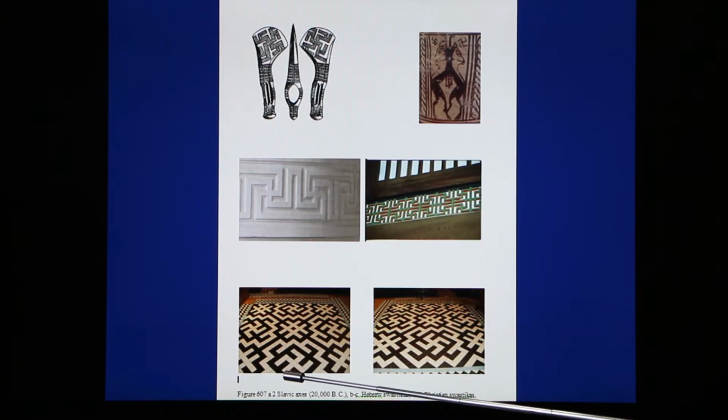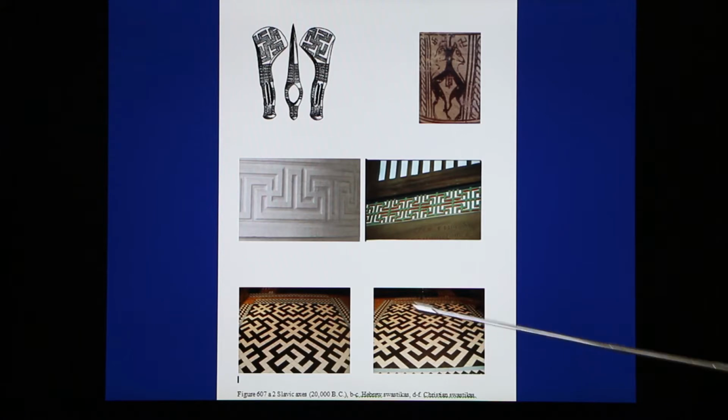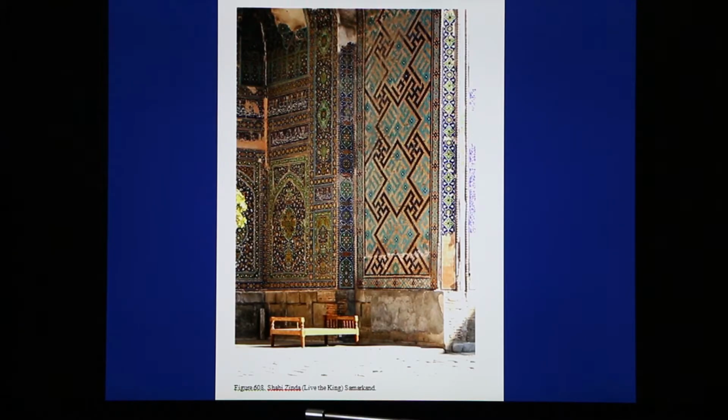And here you have a backward swastika and a forward swastika on the floor of a church 5 miles from where I am. I live in Maastricht, and that's the town of Meersen. And here we're back in the palace of Shah-i-Zinda, which means live the king, in Samarkand, and we have forward and backward swastikas again here.